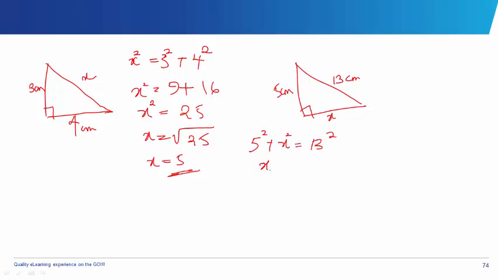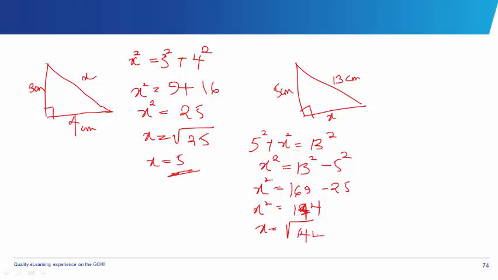Making x the subject of the formula, x squared equals 13 squared minus 5 squared. 13 squared is 169, then minus 25. x squared will now give us 144. Therefore, x is the square root of 144. And what is the square root of 144? 12. Therefore, this side equals 12 cm.